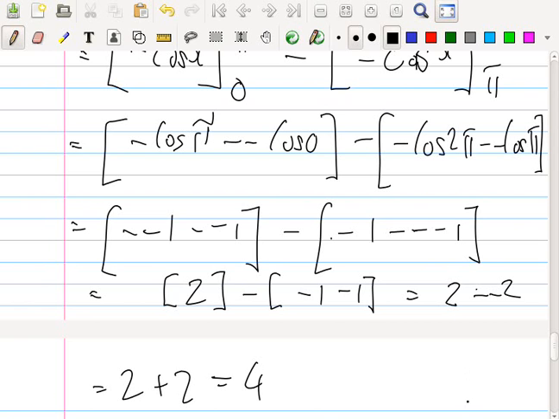Did it? It's still minus. Cosine pi is -1, isn't it? I sure hope so. Is cosine pi -1? Yes? Okay. Are you in radian mode?